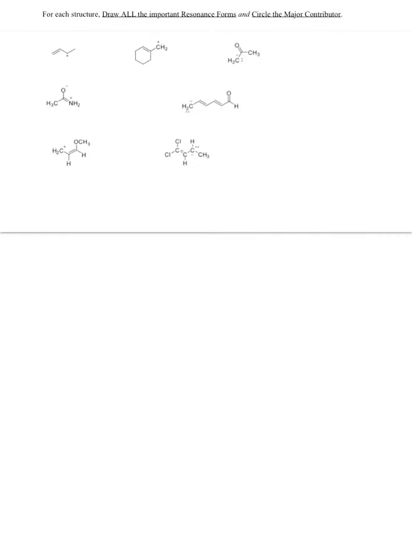Okay, for each structure, draw all the important resonance forms and circle a major. Okay, so the first one is an allylic secondary carbocation, and that's sp2, sp2, sp2. The electrons can travel through these unhybridized p orbitals.